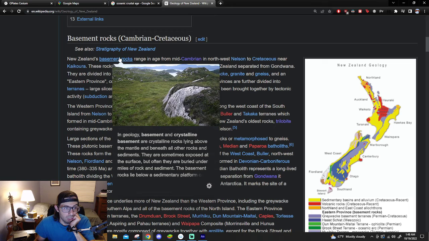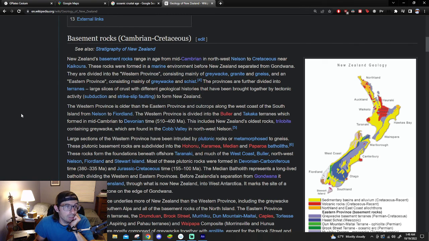In geology, basement and crystalline basement are crystalline rocks lying above the mantle and beneath all other rocks and sediments. Sometimes exposed at the surface, but often they're buried under miles of rock.